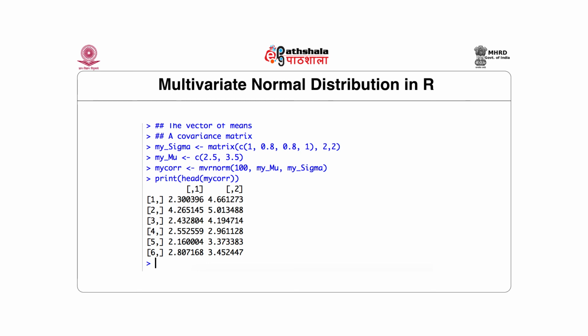And in order to generate that, you give R a vector of means, and then you give it a covariance matrix. So we create the first covariance matrix, which I've given an object name of sigma, and we have formed a matrix in which the two variables are related to each other by 0.8 as their covariance, and then we have created a 2 by 2 matrix, and we have given them a vector of means.